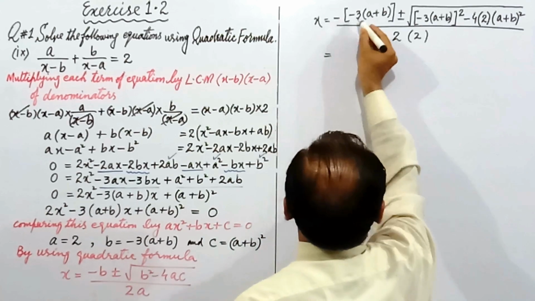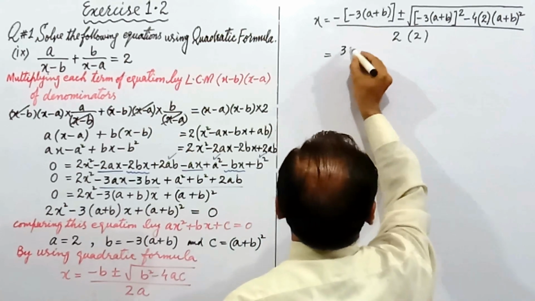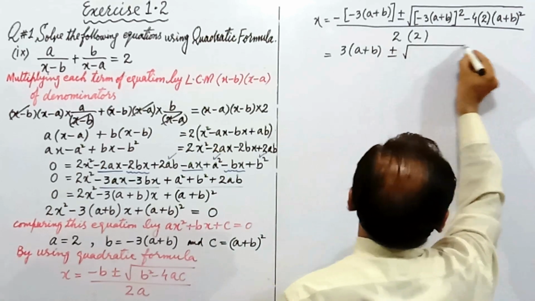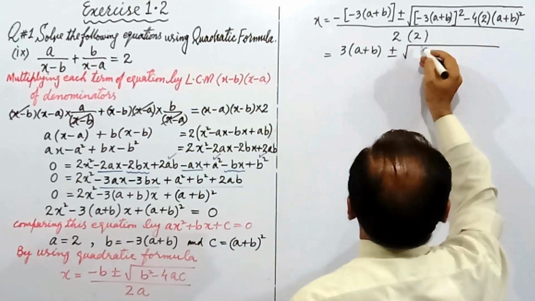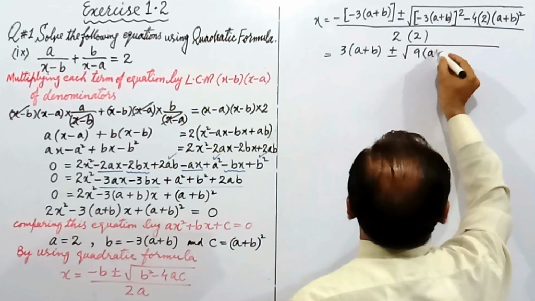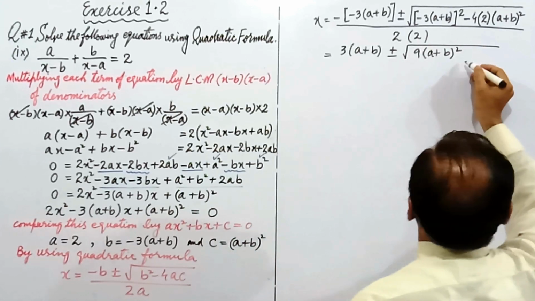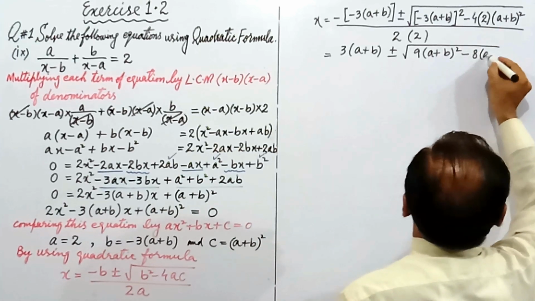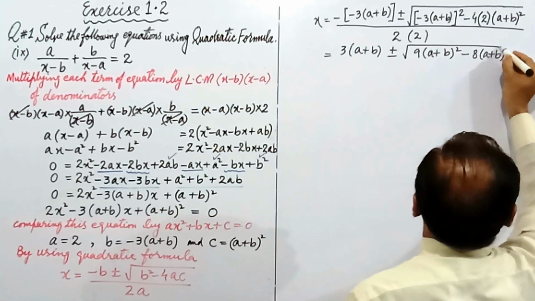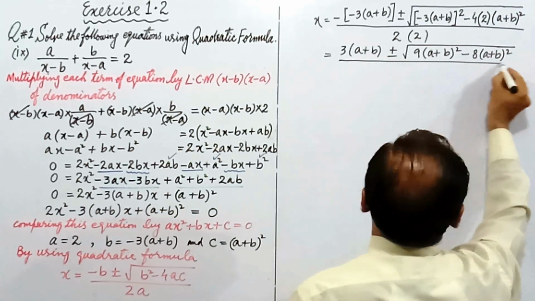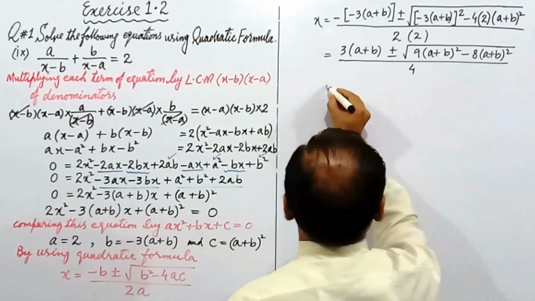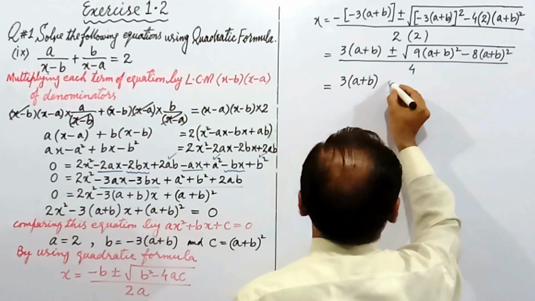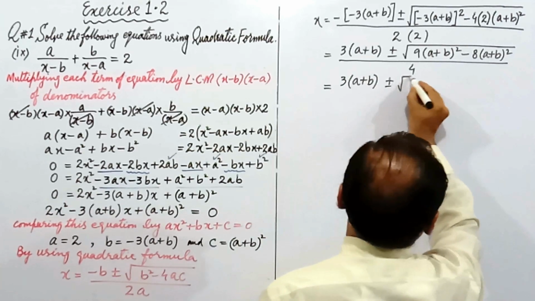In the next step, minus into minus become plus. We have 3 into a plus b plus minus under root, square of minus 3 is equal to 9 into a plus b whole square. We have minus 4, 2s are 8 into a plus b whole square, whole divided by 2 2s are 4.